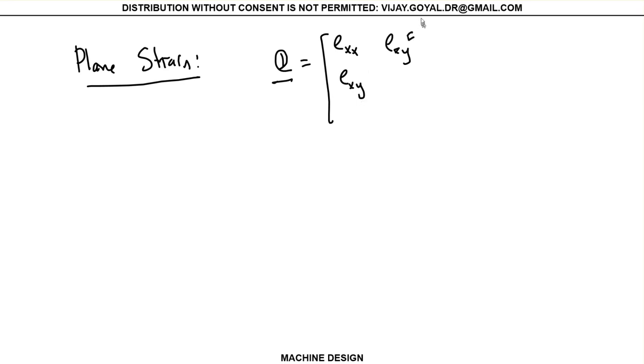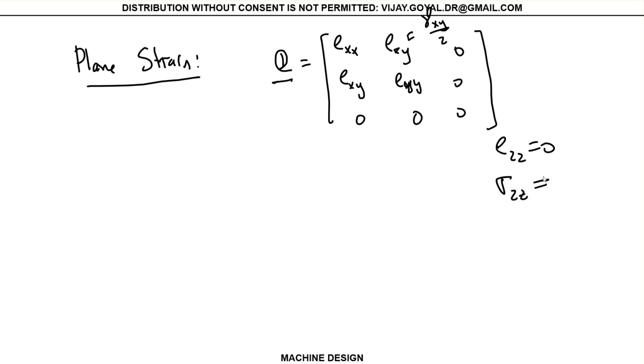Remember, this is gamma xy divided by 2, eyy, 0, 0, 0, 0, 0. So we see that ezz is equal to 0, and sigma zz, I told you, cannot be 0. So let's just show you that.